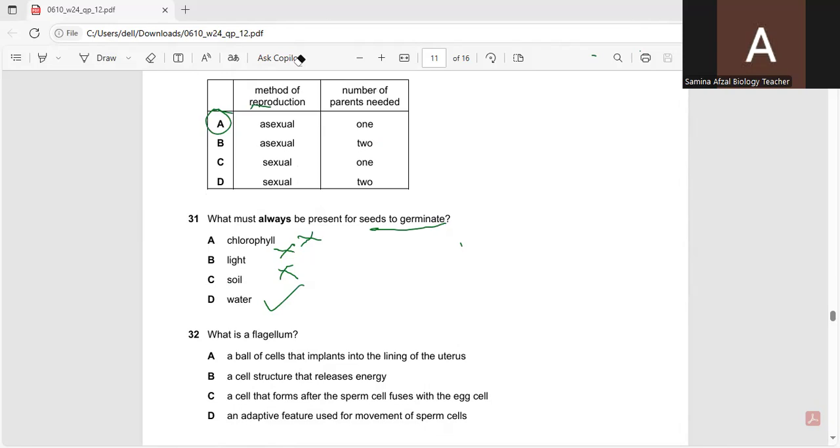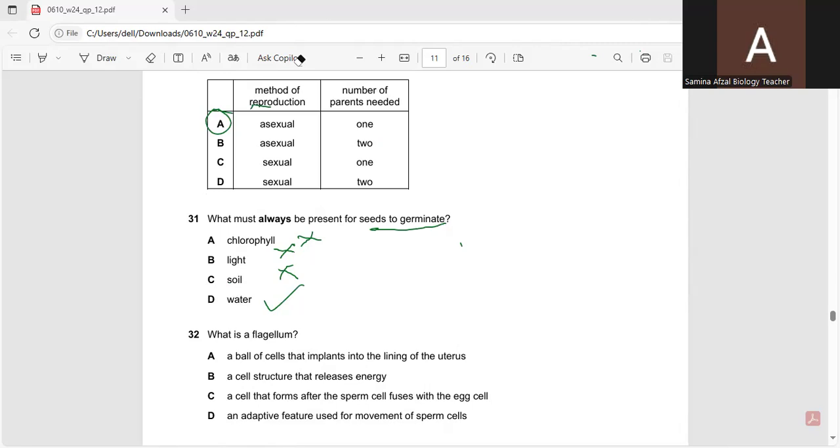It will absorb the water when the seeds are soaked or when we sow it into the soil. If there is no water in the soil, the seed will not germinate. Whether soil is there or not, if there is no water, the seed will not germinate, because it has to absorb water.